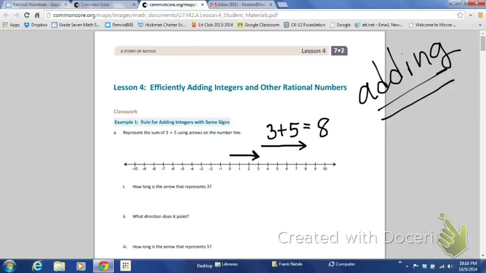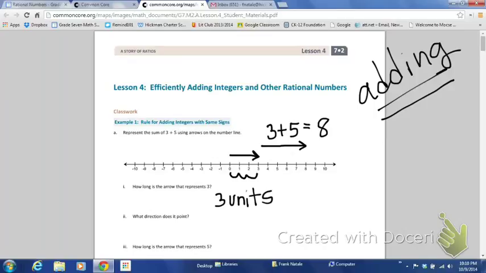Now, some questions follow here. They seem pretty obvious, but they are trying to make a point. Number 1 asks, how long is the arrow that represents 3? Of course it is 3 units: 1, 2, 3. We say units because we don't know what unit of measurement it is.